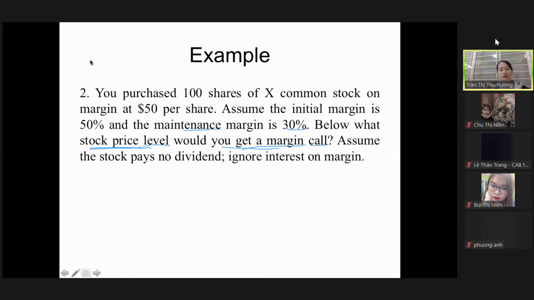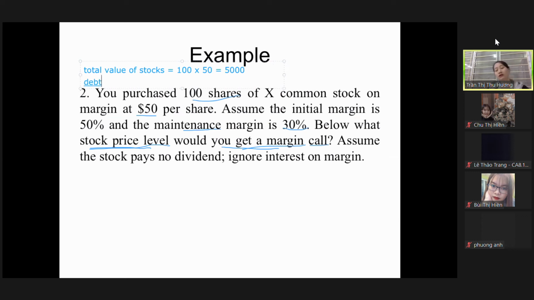The total value of stock will be 100 multiply 50, so it will be 5,000. So what is your debt? The initial margin is 50%. So how much is your debt? 2,500. Okay, so that's your debt.